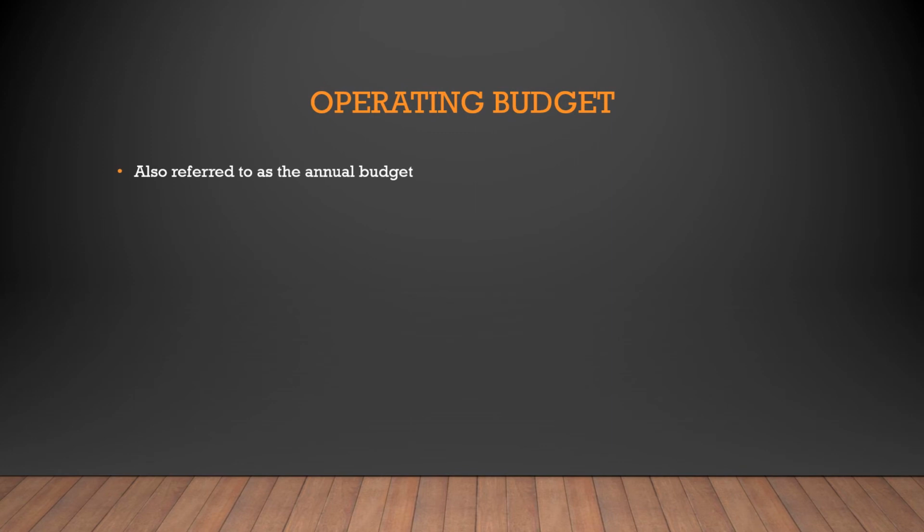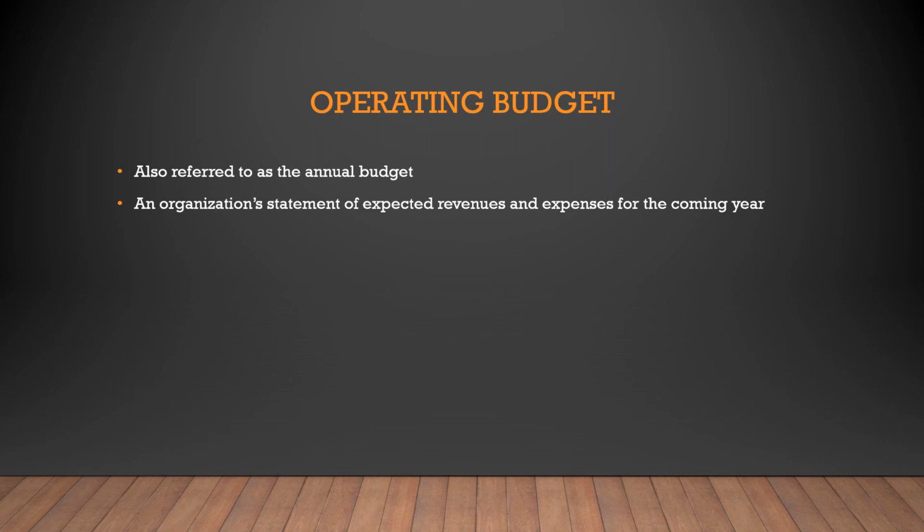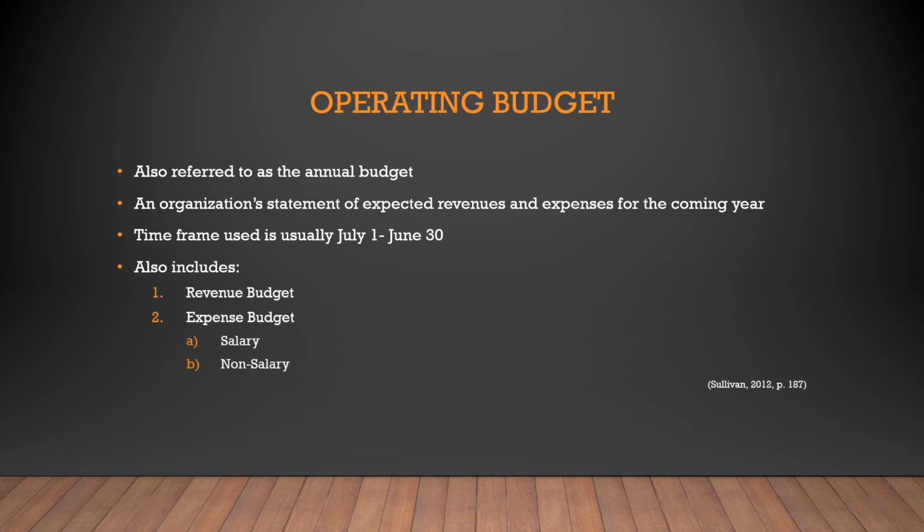The operating budget, or annual budget, is an organization's statement of expected revenues and expenses for the upcoming fiscal year. The operating budget can be further broken down into revenue and expense budgets. According to Sullivan, the revenue budget represents the patient care income expected for the budget period. The expense budget consists of salary and non-salary items.